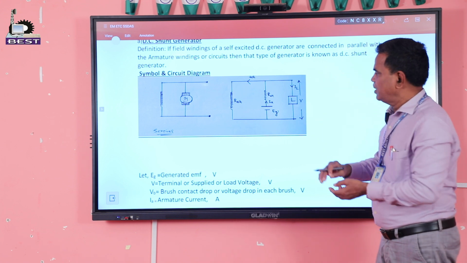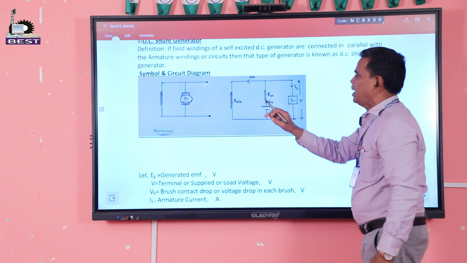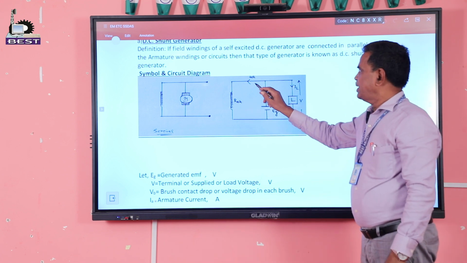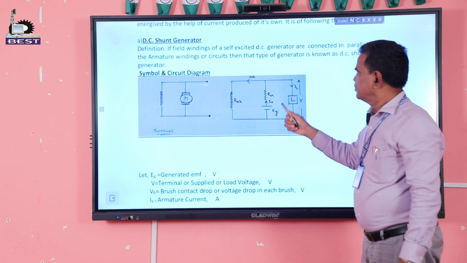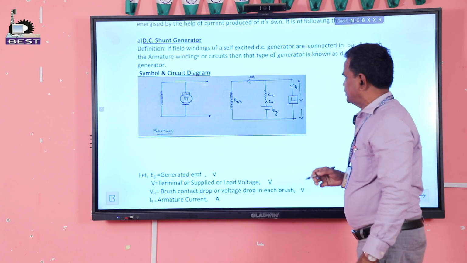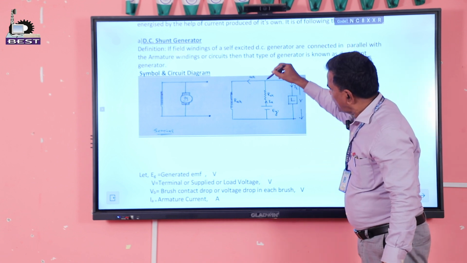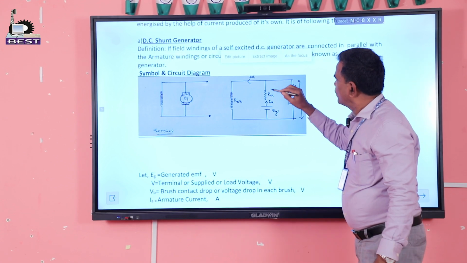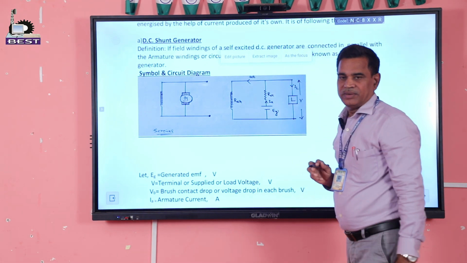If you simplify, the voltage V is equal to ISH into RSH, where ISH is the current flowing through the shunt field winding, and IL is the load current. Applying KCL, we have Ia is equal to ISH plus IL.